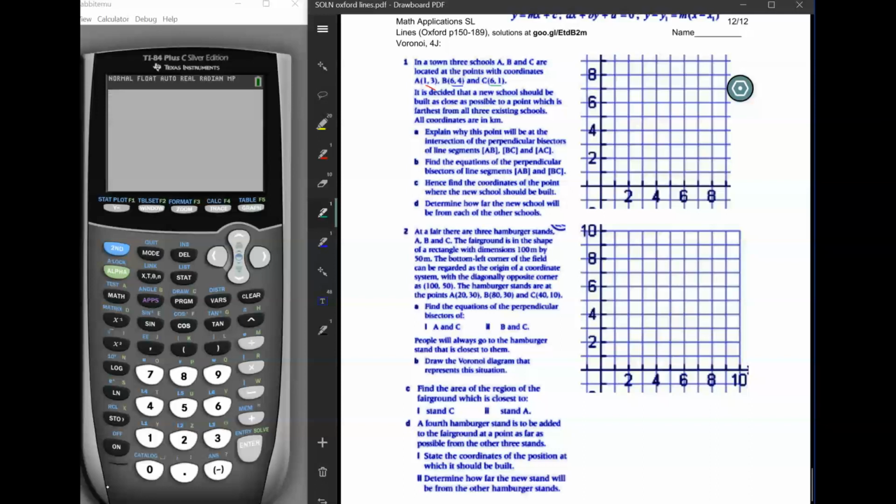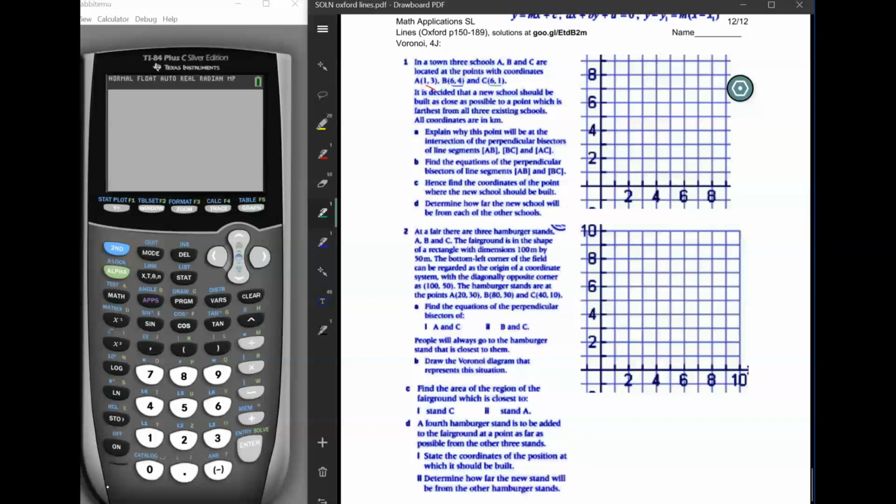Explain why this point will be at the intersection of the perpendicular bisectors of the line segments AB, BC, and AC. Basically, the perpendicular bisectors of the line segments which connect these 3 schools to each other are the borders for the Voronoi diagram.